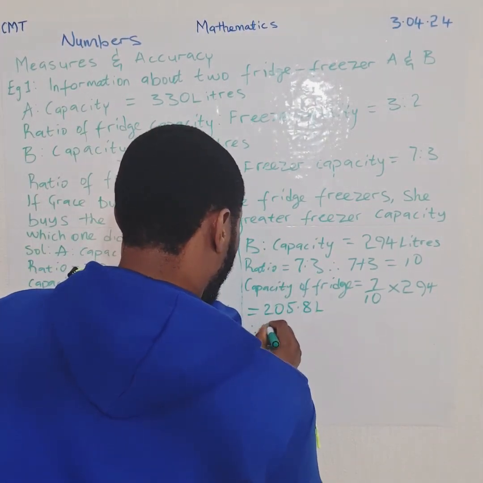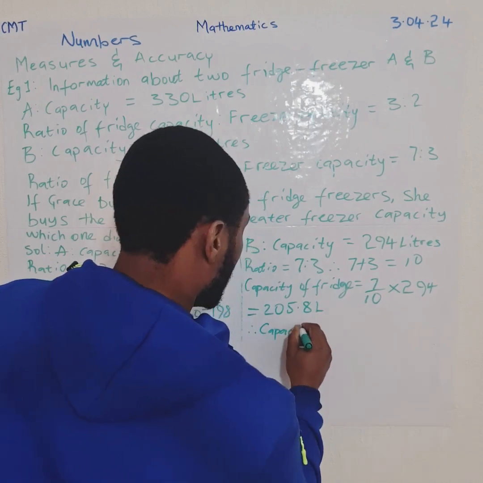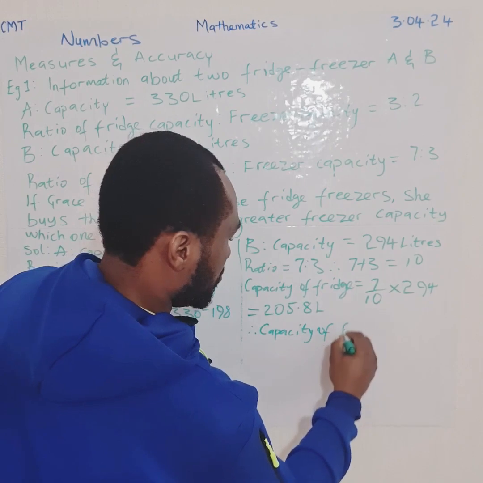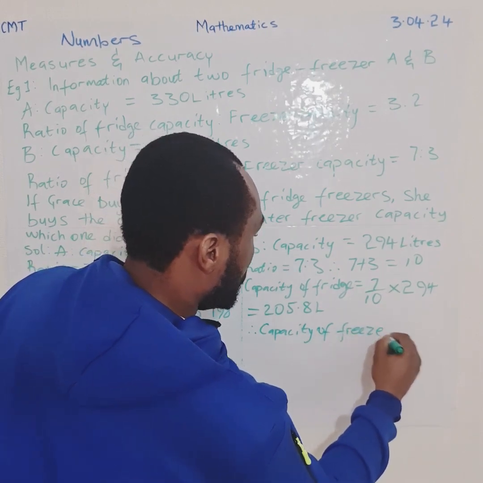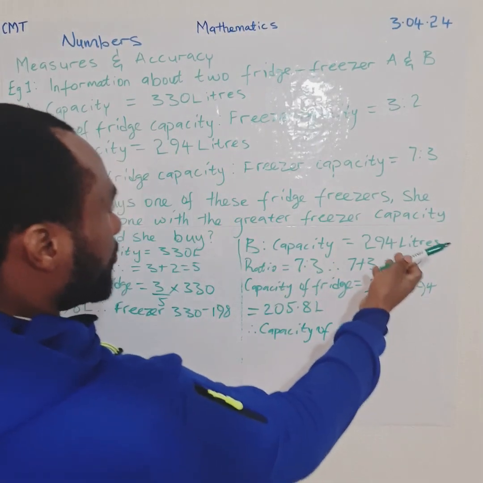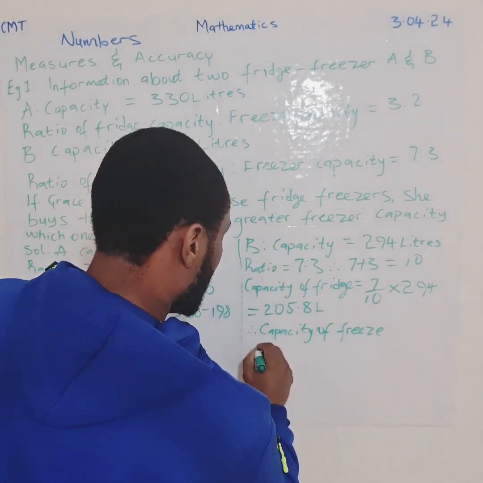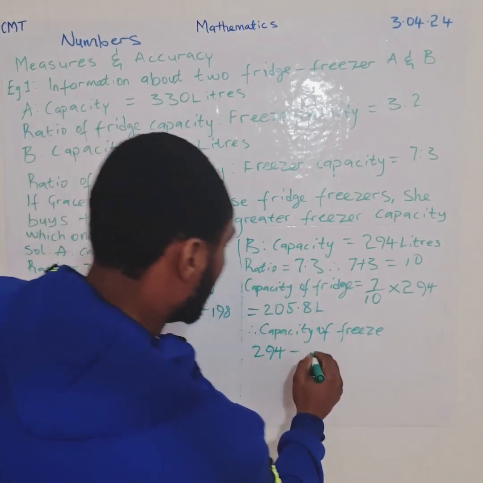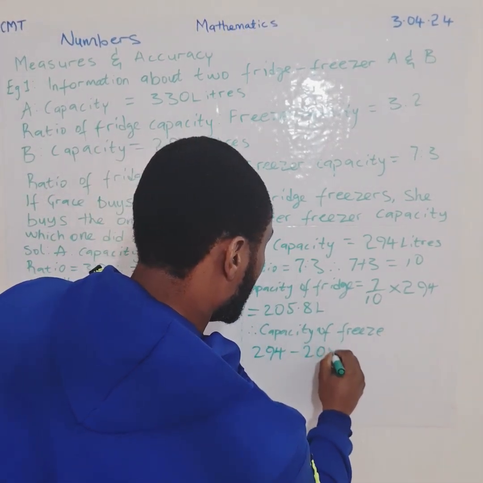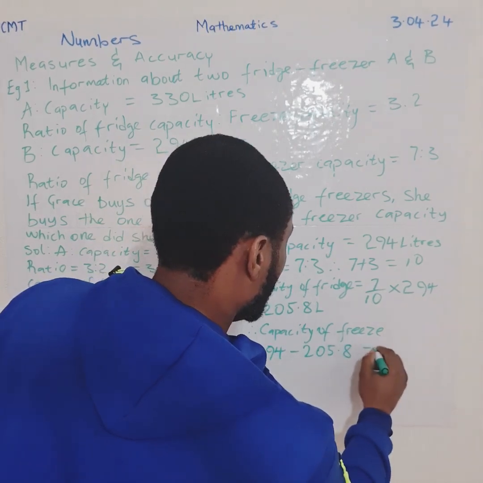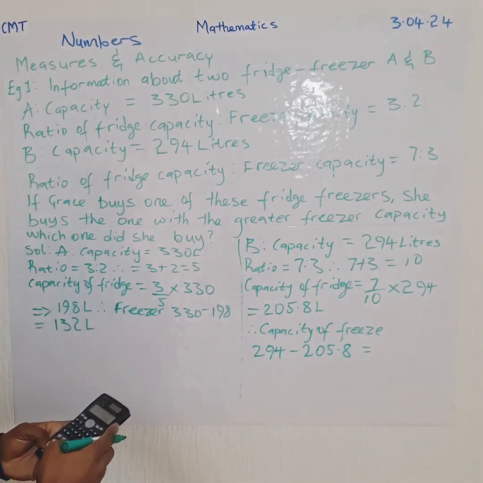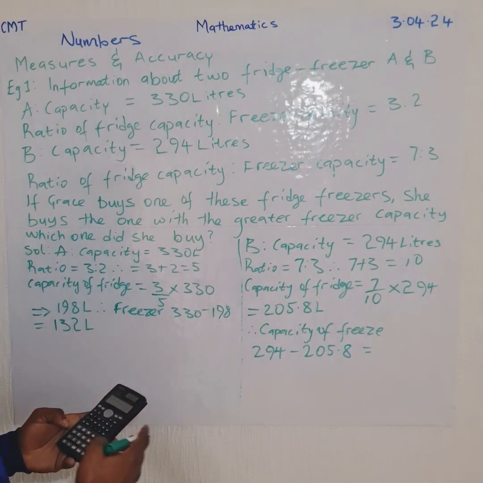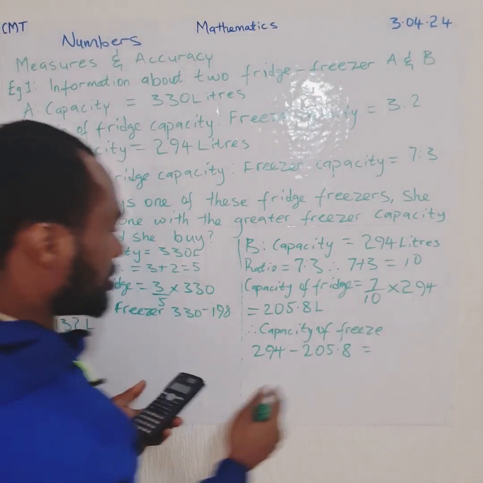Therefore, capacity of freezer will be obviously the capacity of both fridge and freezer minus the capacity of fridge, which is equal to 294 minus 88.2.